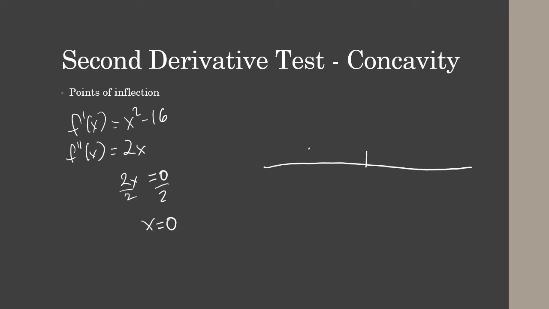So we set up our number line, 0. We can choose a negative number on this side. So let's choose negative 10. And on the other side, we can choose a positive number. Let's choose 20. So we'll put this in for our x in the second derivative. It's 2 times negative 10, which gives us a negative number.